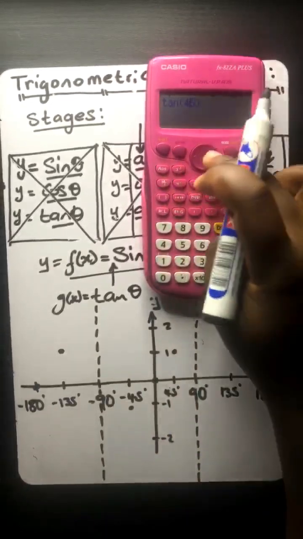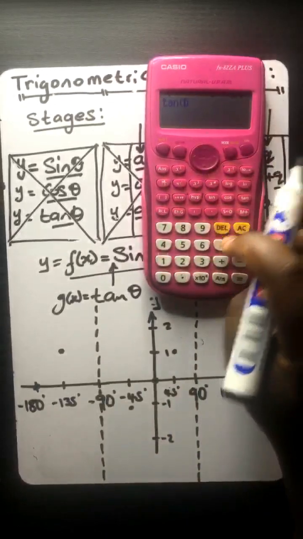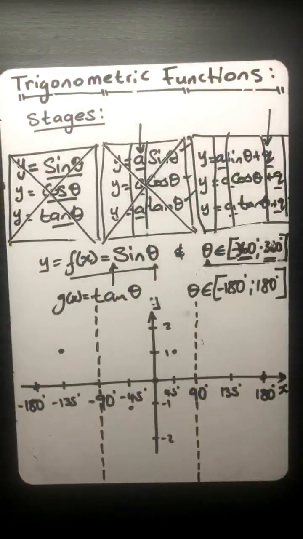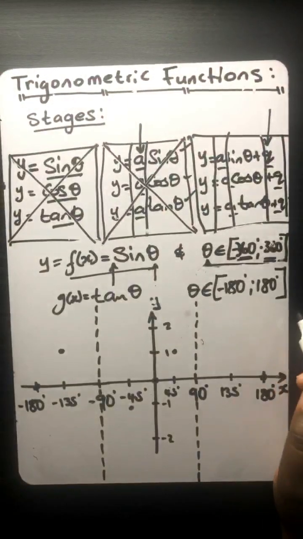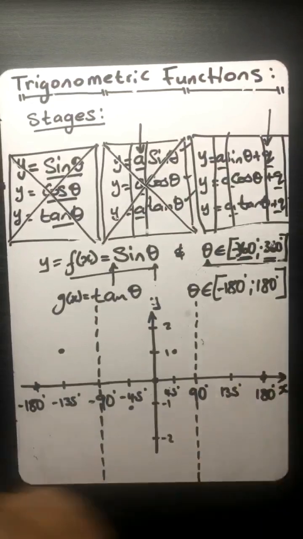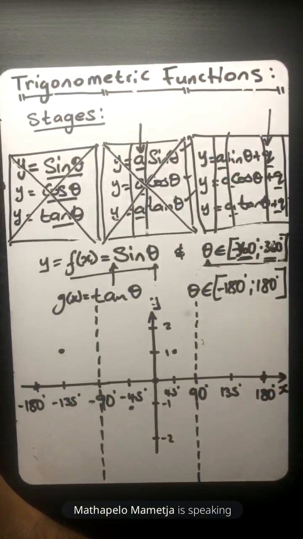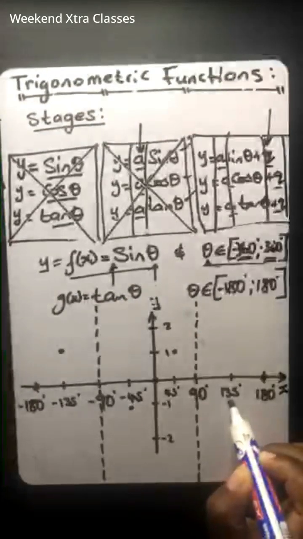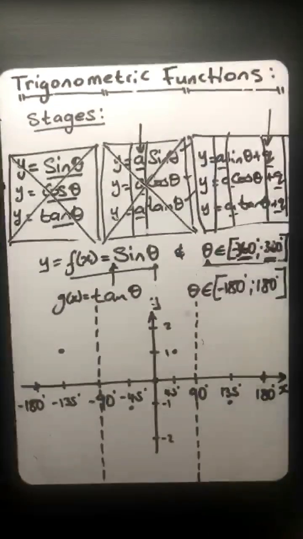What are you guys getting for 135? 1. Positive. Guys, what are you getting for tan 135? Is it 1? Is it negative 1? Yes, negative 1. So you're going to put a point at negative 1 there.